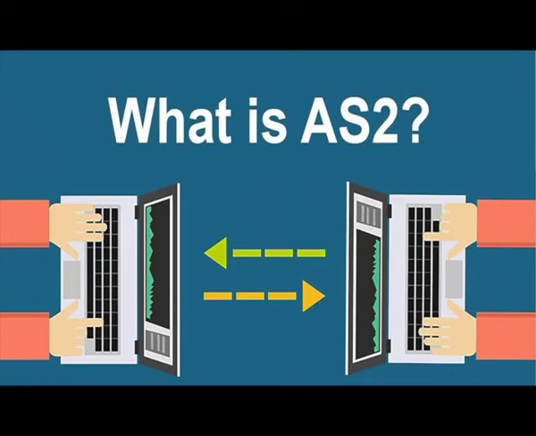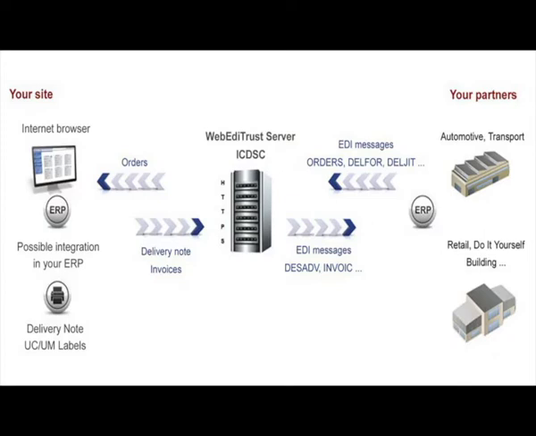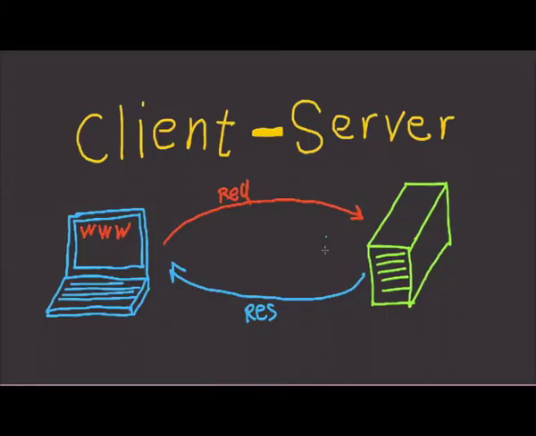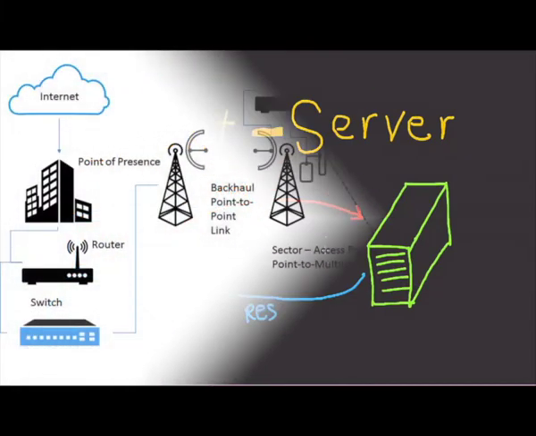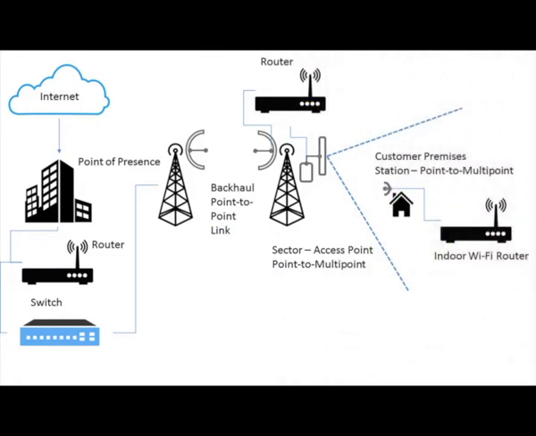AS2 is one of the most popular methods for transporting EDI data securely and reliably over the internet, and essentially involves a client and a server connected in a point-to-point manner via the internet. AS2 creates an envelope for the EDI data so that the data can be sent securely using digital certificates and encryption over the internet.